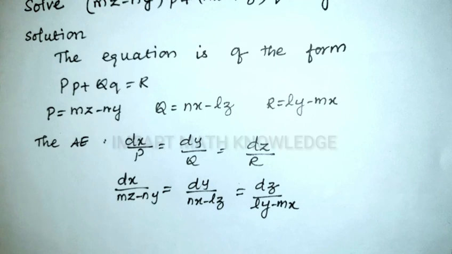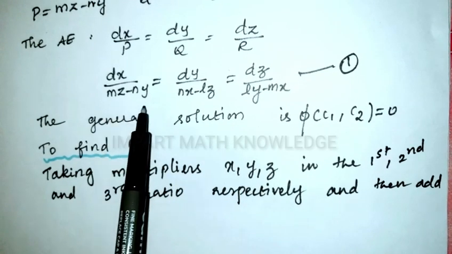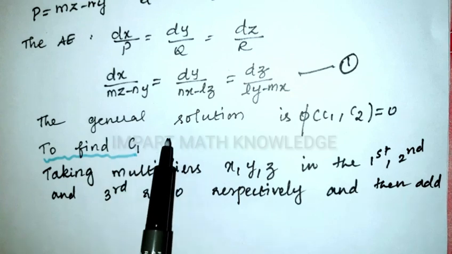Here we have some constants l, m, n and the variables x, y, z. According to the variables and constants, you decide the multipliers. For finding C1, take the multipliers x, y, z and then add.